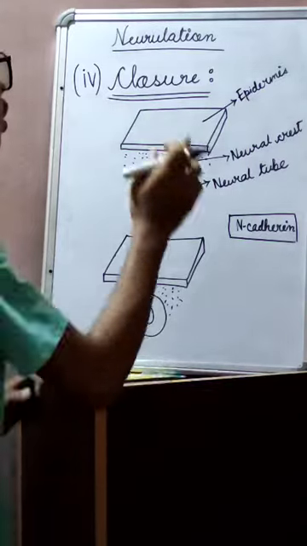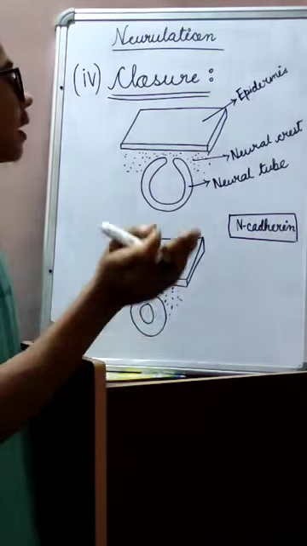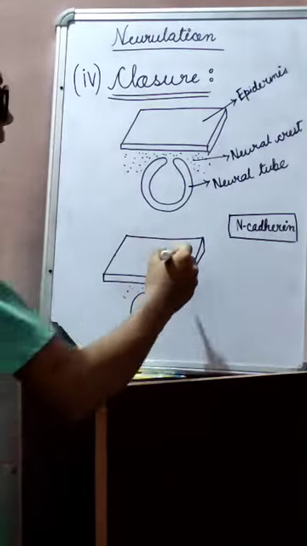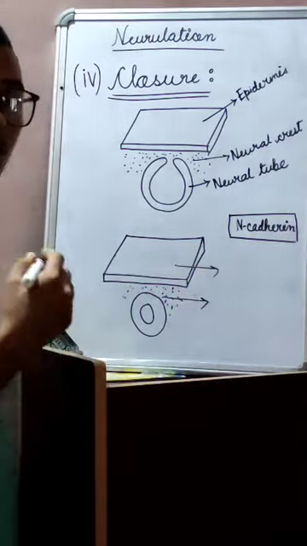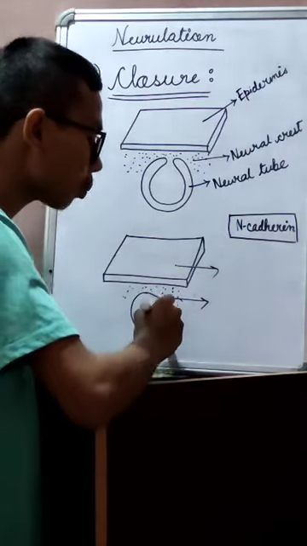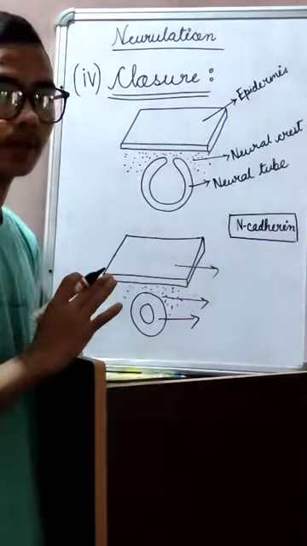After that we get an epidermis layer, a neural crest, and a proper neural tube. This is known as closure.